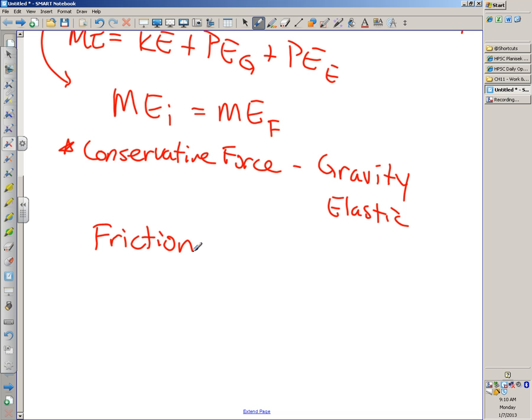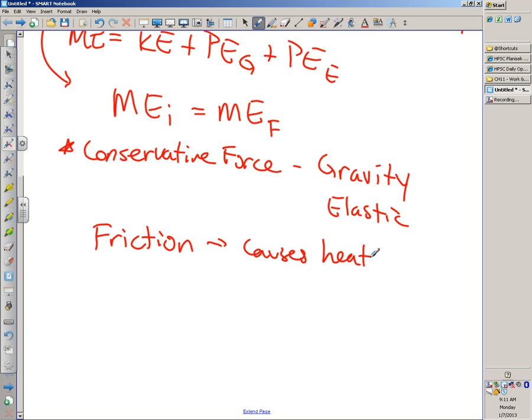Real quick, you said friction, right? Yeah. Why isn't friction a conservative force? What did we say that friction generally ends up doing? It usually causes heat, right? Is heat a form of energy? Yes. Is heat a form of mechanical energy? No. And that's why friction isn't a conservative force. Does that make sense?